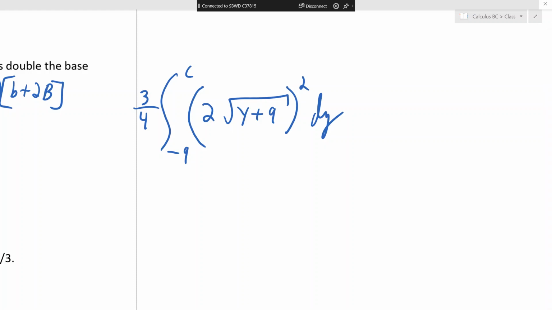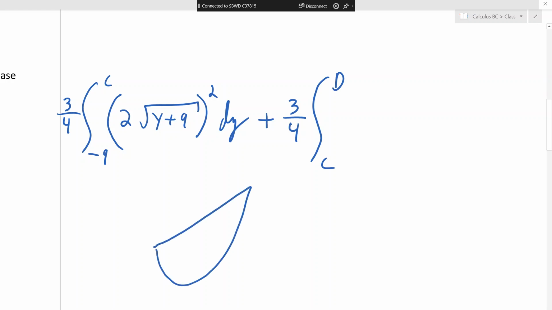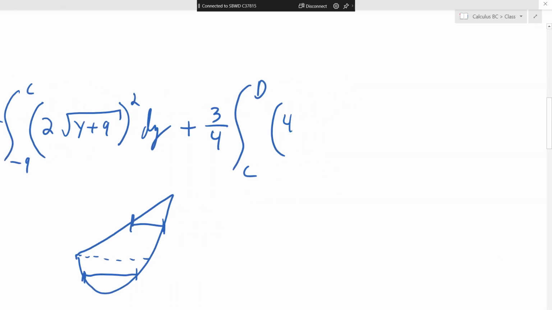Okay? But then the next piece, plus, it has to be 3/4 the integral. Now we got to integrate from c to d. So again, we're integrating the shape. Cool. The bottom part was there, right? Parabola minus parabola. Now we got to do the right side of the parabola minus that line. So it is, I forget already, 4 plus root y plus 9.